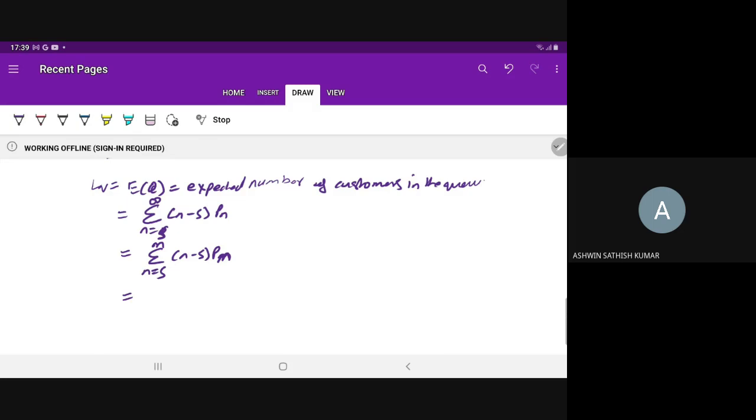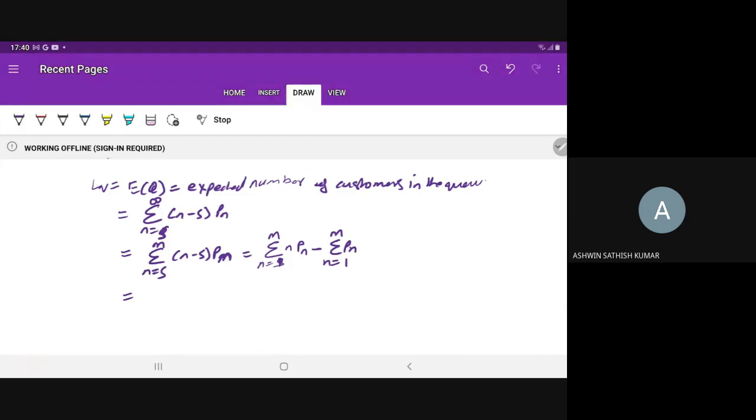S is equal to 1 we have. So it will become summation n is equal to s to m, or 1 to m, of n Pn minus summation Pn for n is equal to 1 to m. Clear? That we have written.